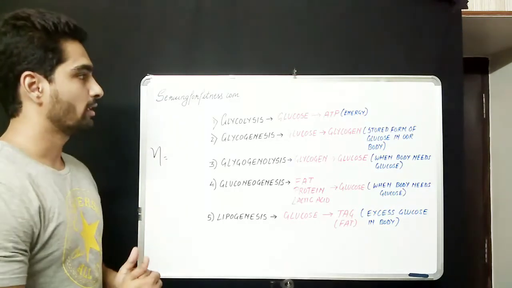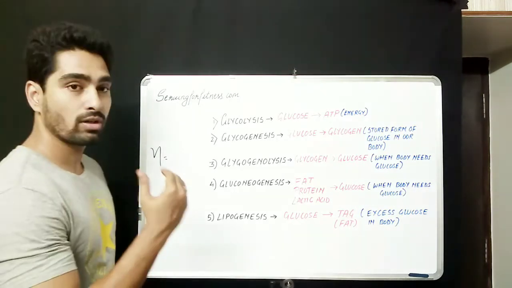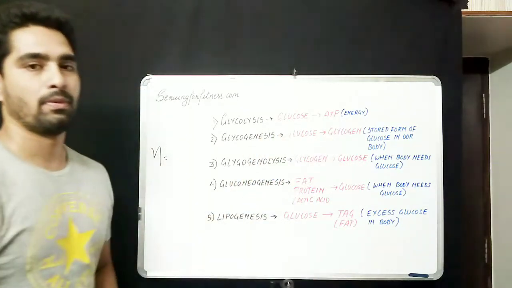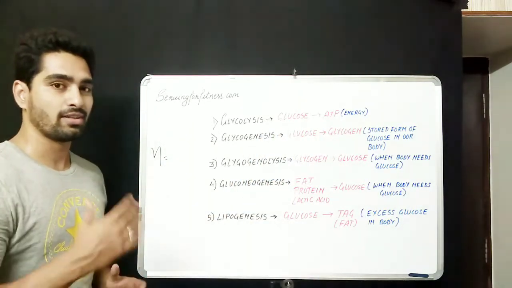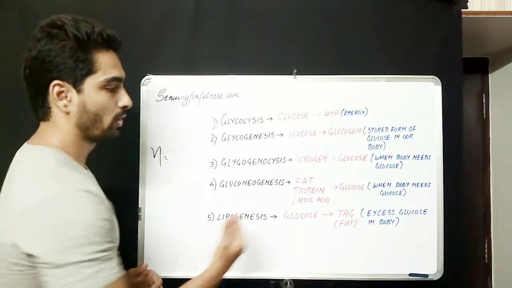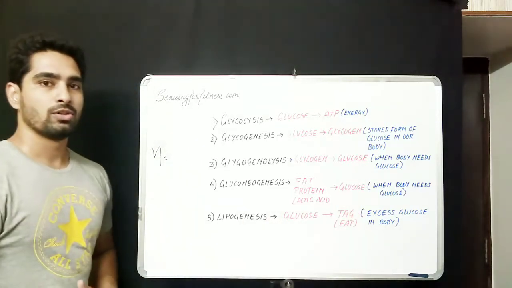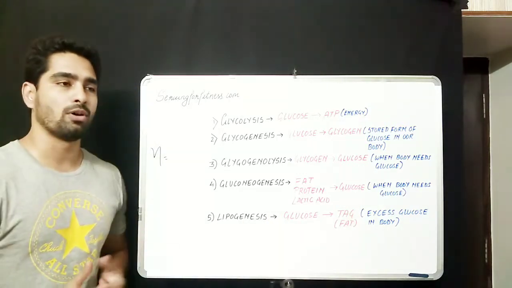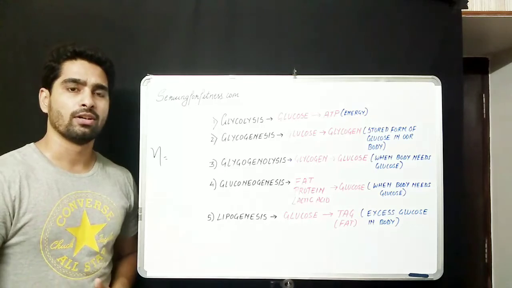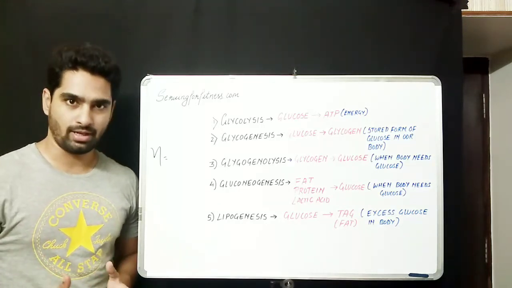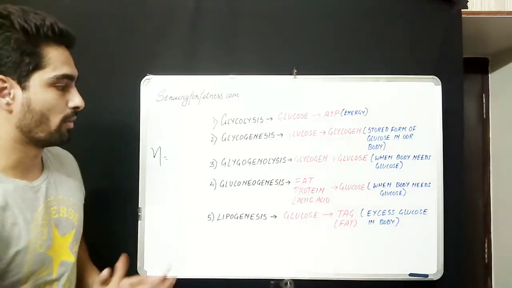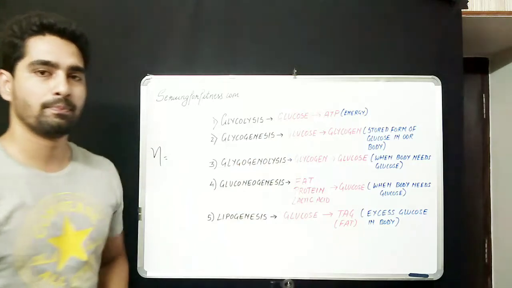An athlete has trained his body to convert glucose to ATP, whereas a sedentary person has trained his body to convert glucose to fat. So if you cultivate this habit of engaging in physical activity for a long time and make it a lifestyle, you will definitely transition from this level to this level.